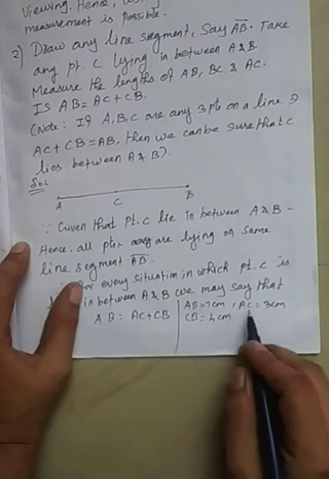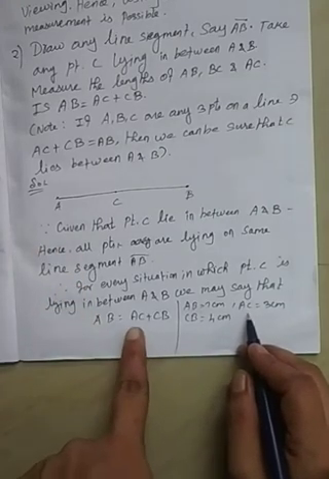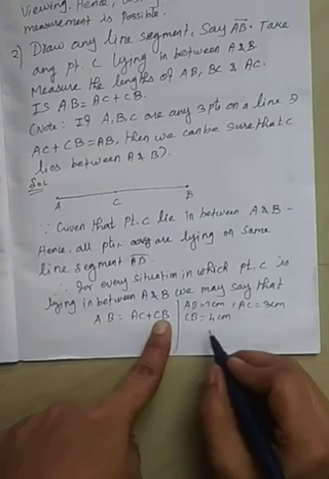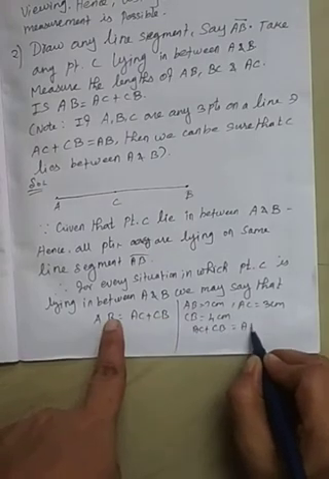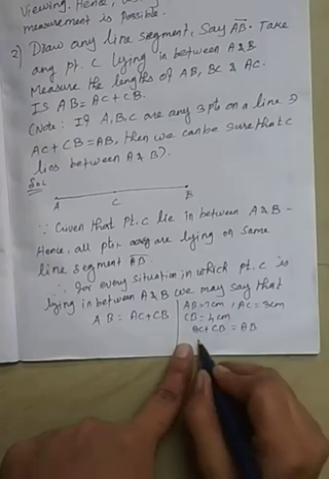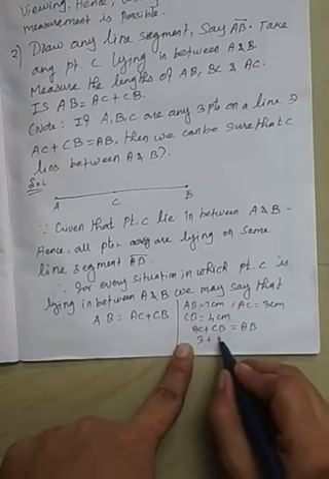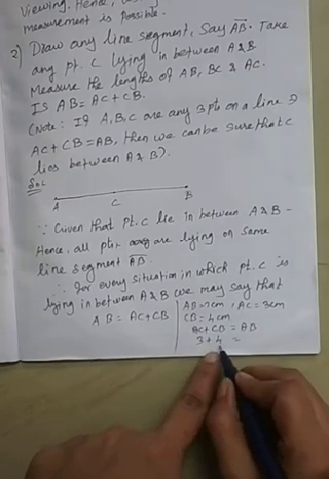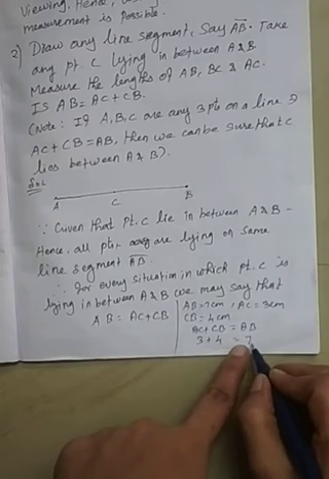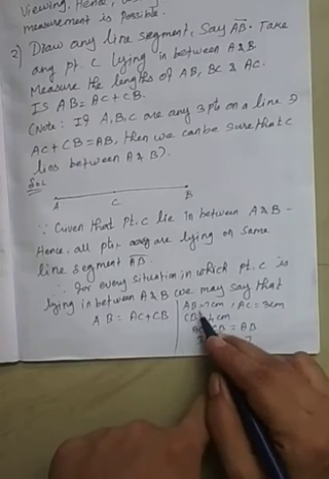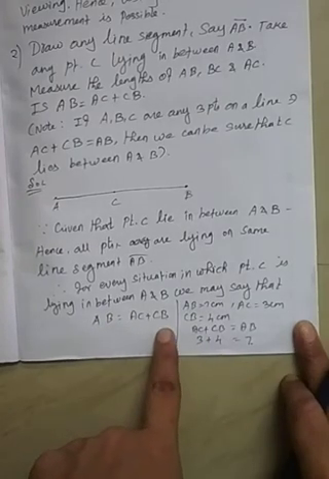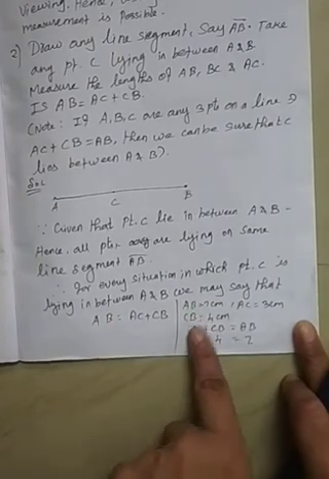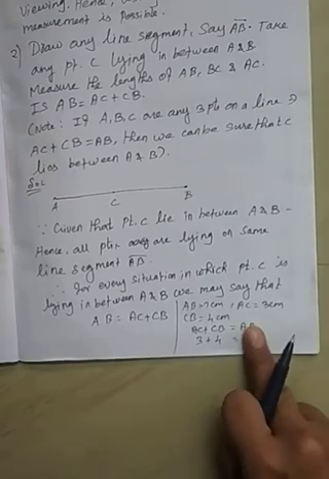Hence AC plus CB equal to AB. AC value is 3 centimeter plus CB value 4 centimeter, 3 plus 4, 7. What is the 7? AB value. So, AB equal to AC plus CB. This is verified. Everybody clear in this example? Okay.